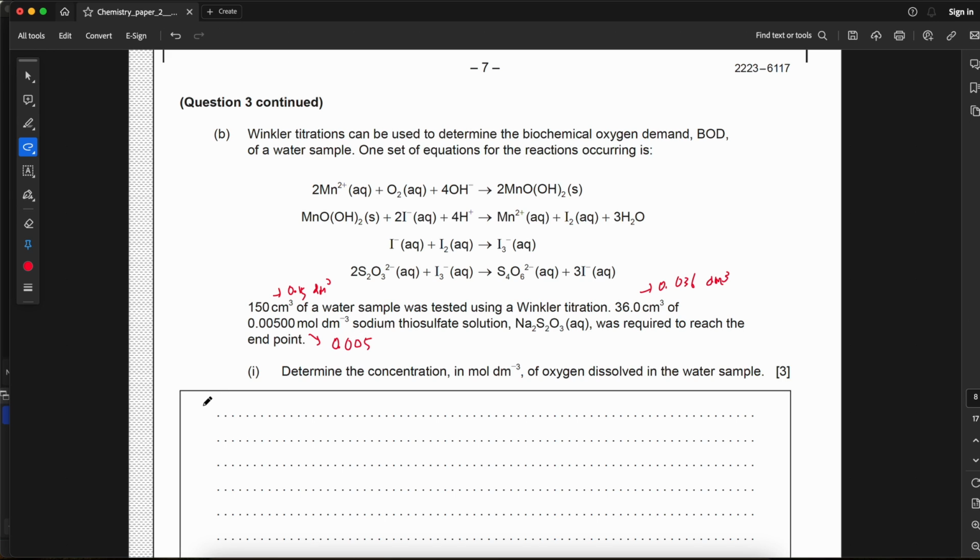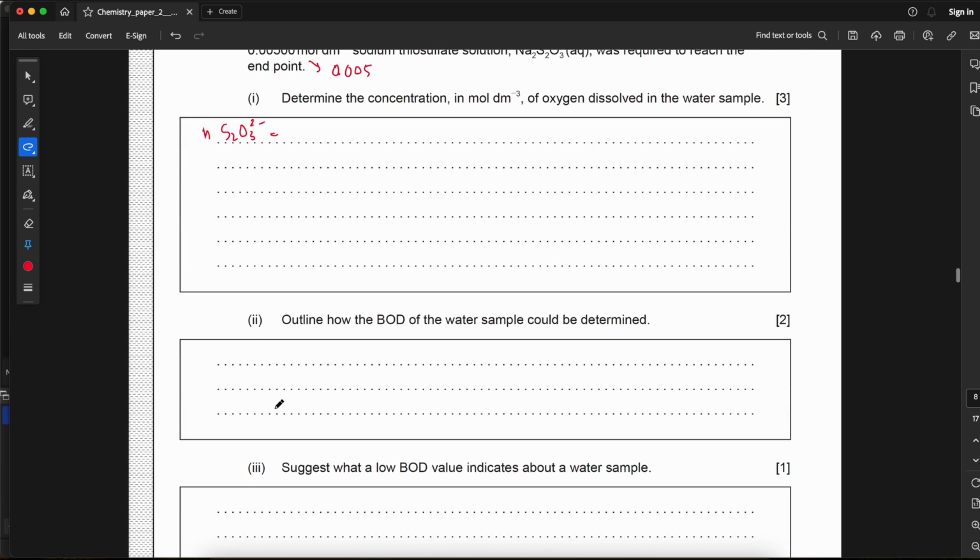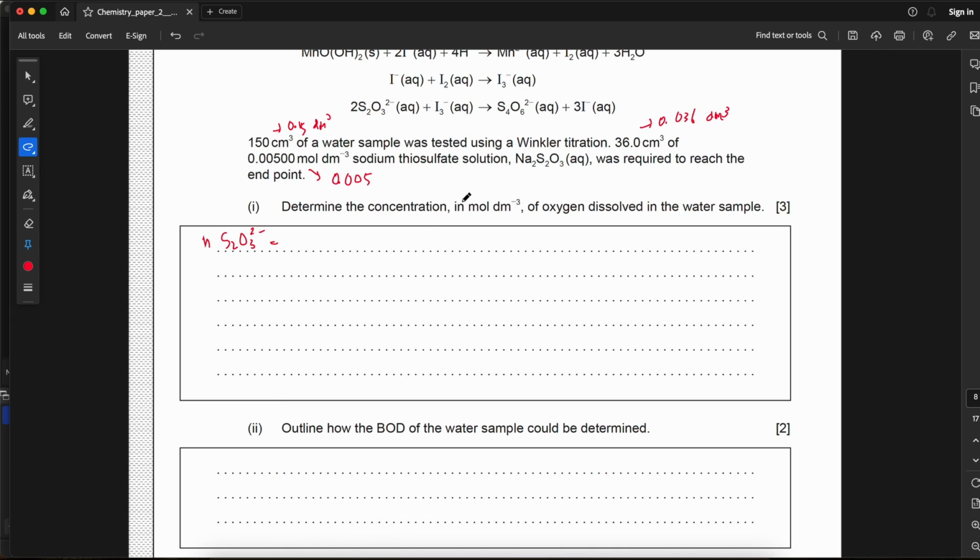Okay, so we start with the moles of thiosulfate. That would be 0.005 times 0.036. You will get 1.8 times 10 to the power negative 4.